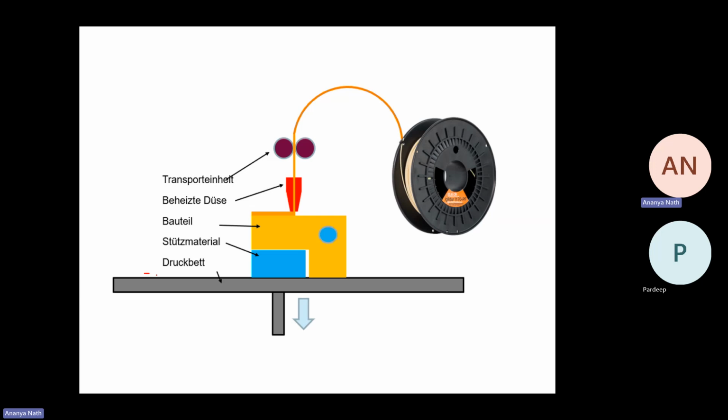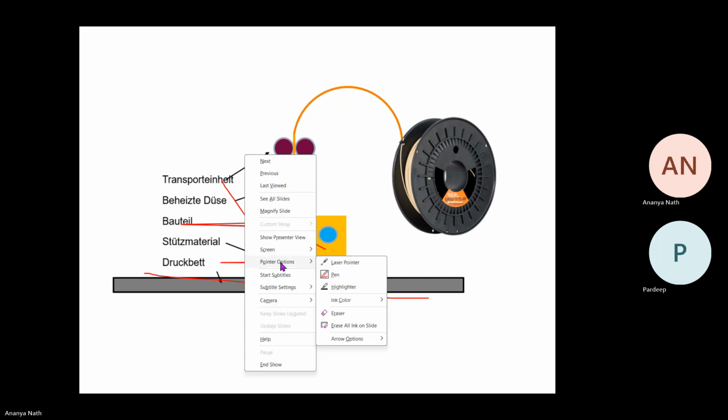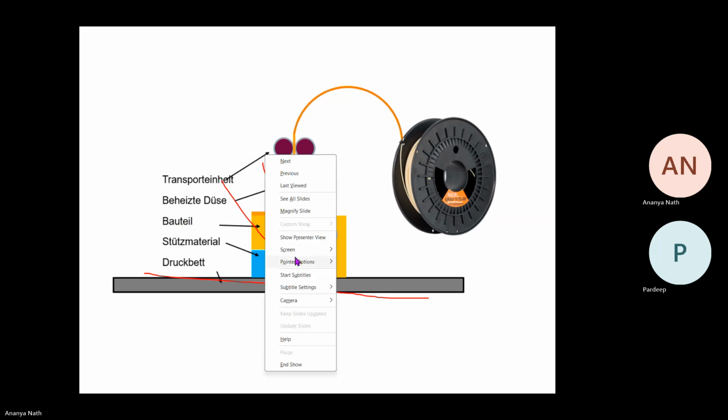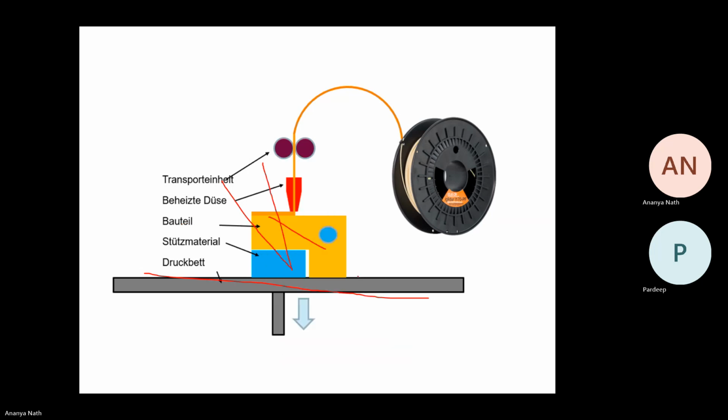at that moment you can tilt this build plate and the nozzle will come here to print this part, so that your support structure is not needed, because this part looks like this. So my part looks like this.